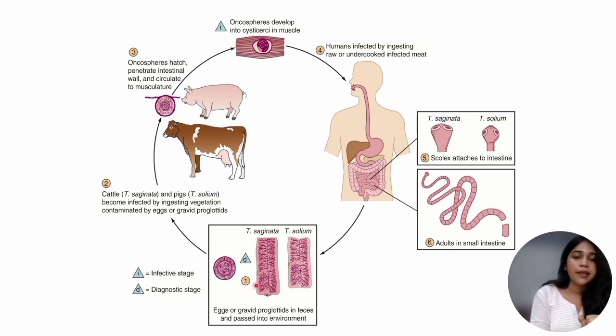Here it begins. The Taenia saginata and Taenia solium eggs or gravid proglottids are passed in feces into the environment.